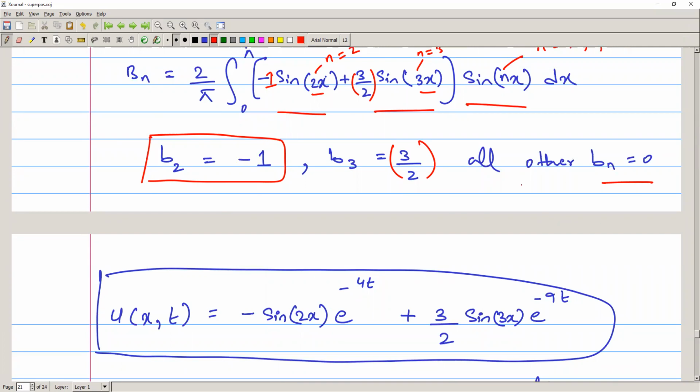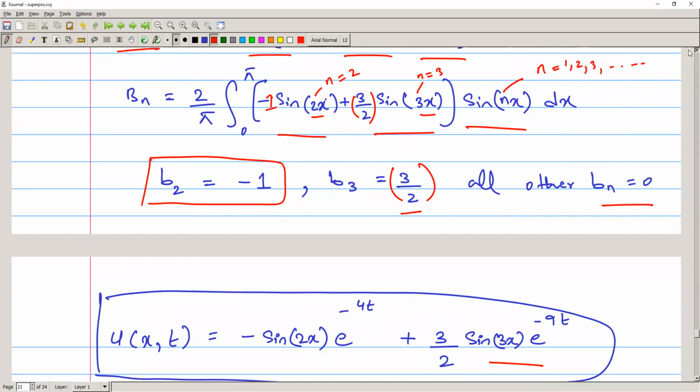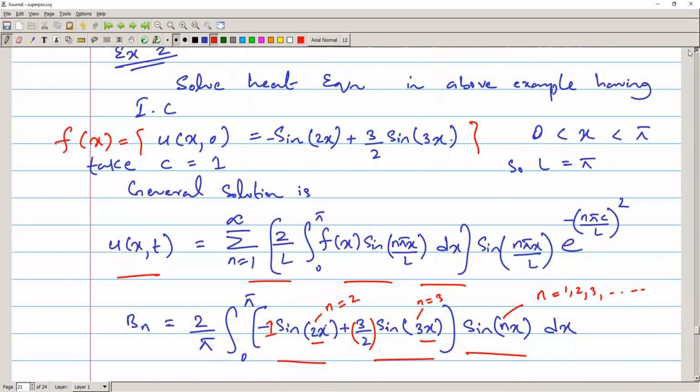We will always have this b2 and b3 only. So we can write negative sine 2x e to the power -4t plus 3 over 2 sine 3x e to the power -9t, right? What we did is we just plugged n into the original equation, that is, in this equation.